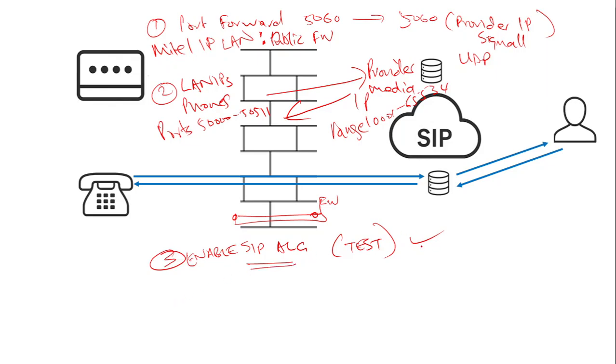If you test and then there is challenge with audio, go ahead and disable SIP ALG and test. If it works fine whilst SIP ALG is disabled, then keep it disabled.